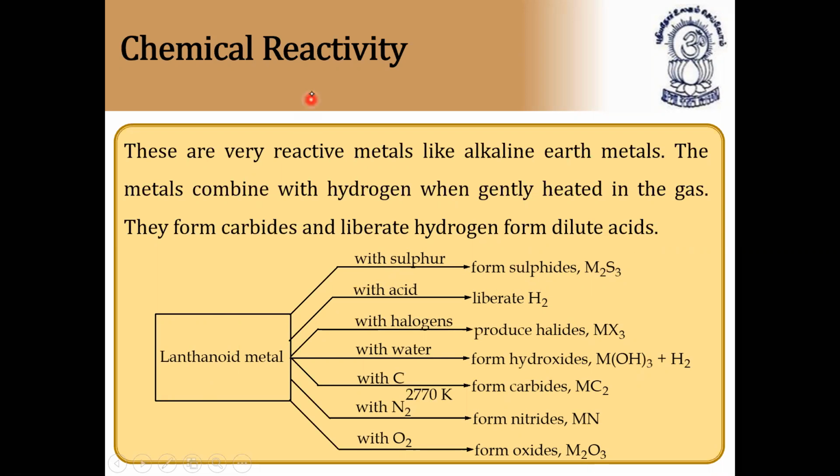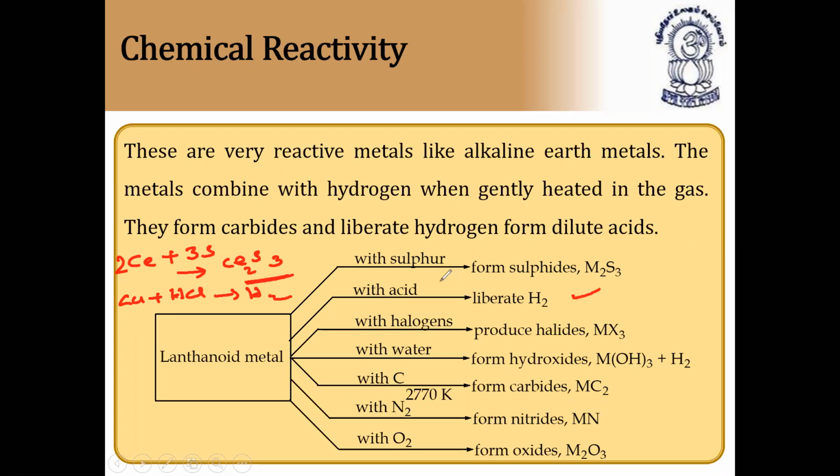For example, take cerium plus sulfur: 2 moles of cerium plus 3 moles of sulfur forms Ce2S3. Similarly, with acids, any lanthanide, for example lutetium, on reaction with HCl forms hydrogen gas.